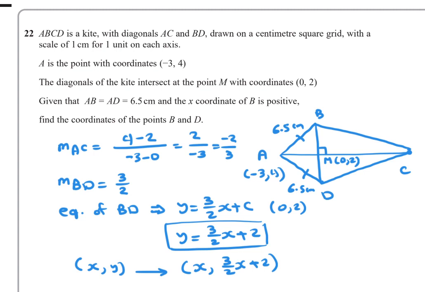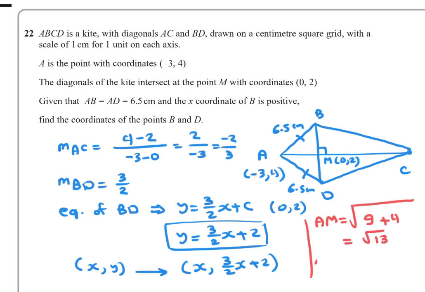AM equals square root of x minus x squared, so -3 minus 0 squared, so 9, and y minus y squared, so 4 minus 2 equals 2, 2 squared equals 4, so 9 plus 4, so square root 13.